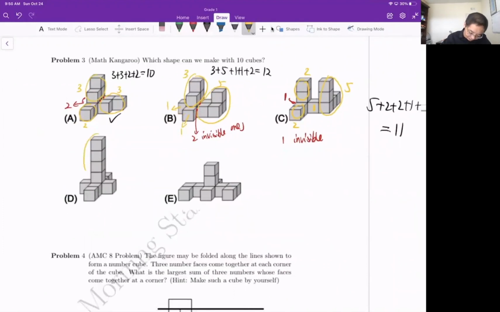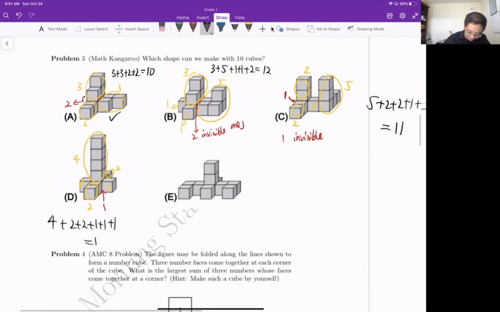Here we have 4, and then here we have 2, here 1, there we also have 2. This is also 1, and it's 2 here. And there's an invisible one. Let's add them together: 4 plus 2 plus 2 plus 1 plus 1 plus the invisible 1, so we get 11. D is also 11.